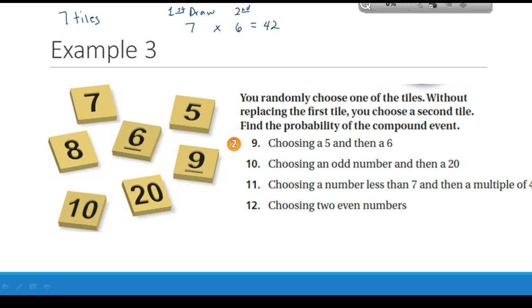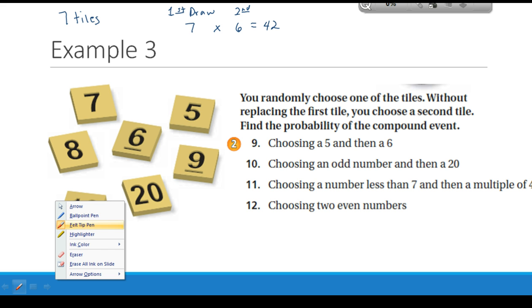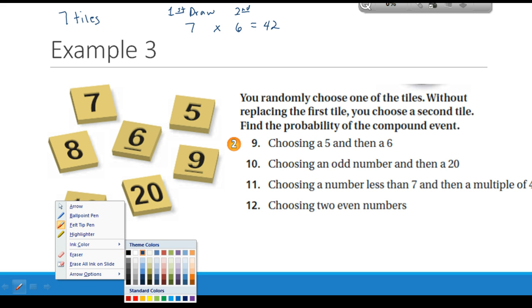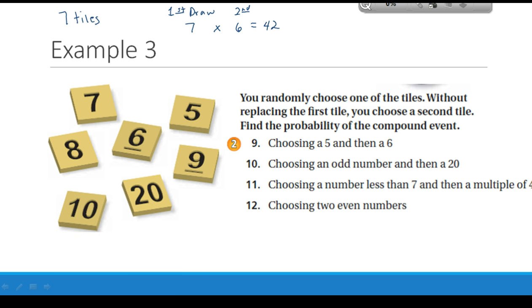Okay, so a 5 and then a 6. I think I'm going to change my color too. The red shows up a little better. Okay. So a 5 and then a 6. So how many tiles with a 5 on there are there? Okay, there's 1.